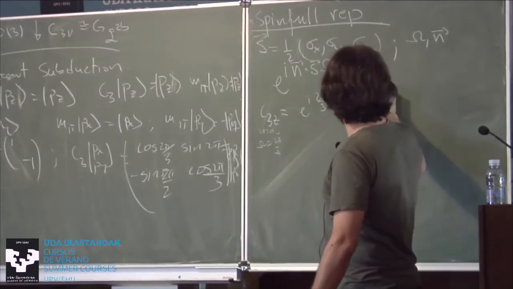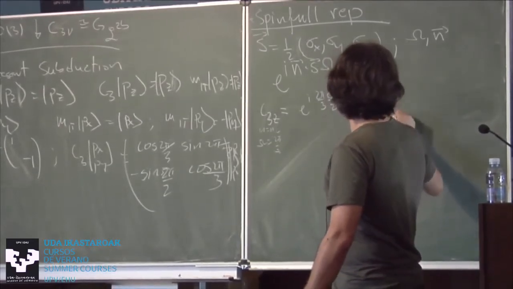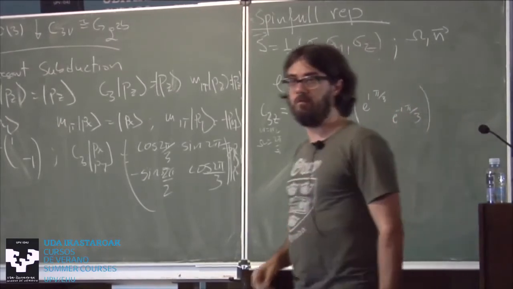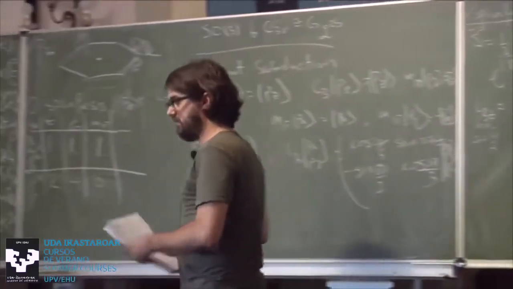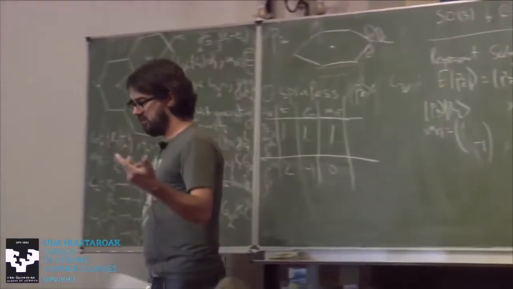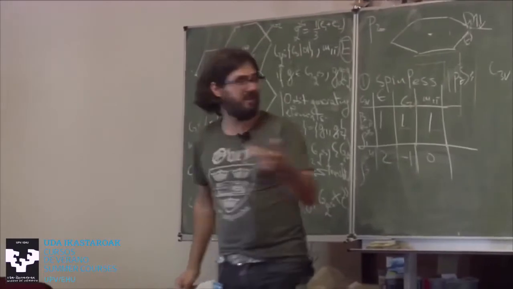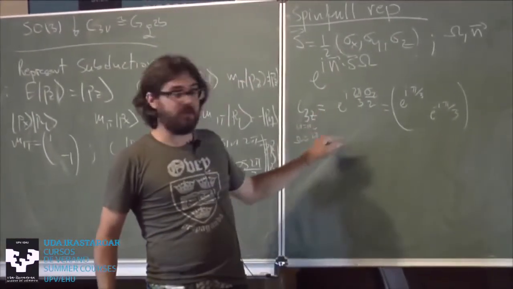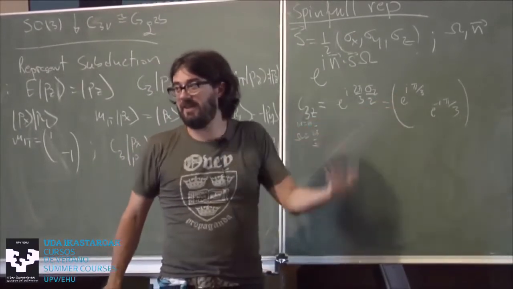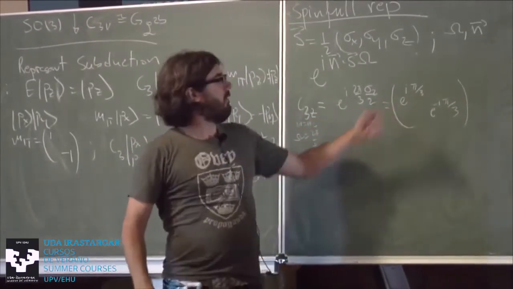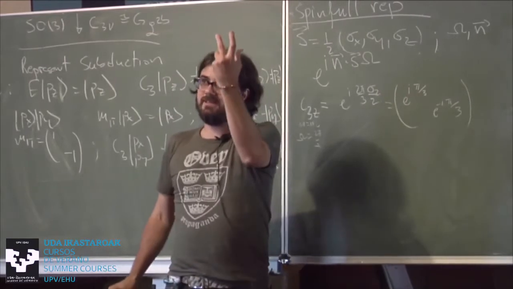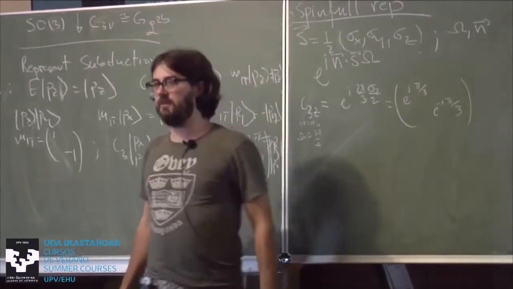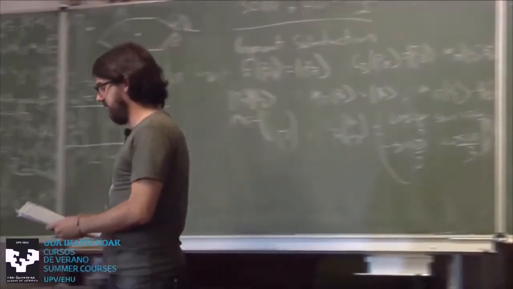It's e to the i pi over 3, e to the minus i pi over 3. It just tells you that spin 1/2 doesn't have 2 pi. The fact that I'm not getting 2 pi, even though the rotation is 2 pi over 3, I'm getting only pi over 3 here, is the fact that I have a spin 1/2. Okay? And it's telling you the spin 1/2 as z rotates by pi over 3, spin minus 1/2 rotates by minus pi over 3. That's a very simple thing.